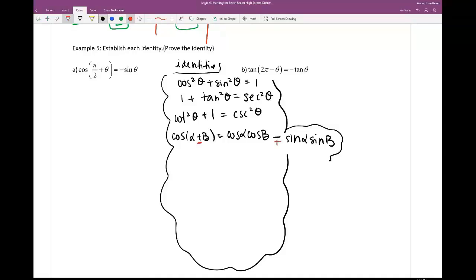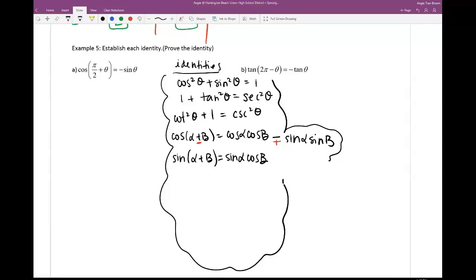We also have sine, don't we? So sine of alpha plus beta is sine of alpha cosine of beta. Oops, I need to erase. I need more space. Okay. So now in sine, we're going to keep it the same. So sine of alpha cosine of beta plus cosine of alpha times sine of beta.